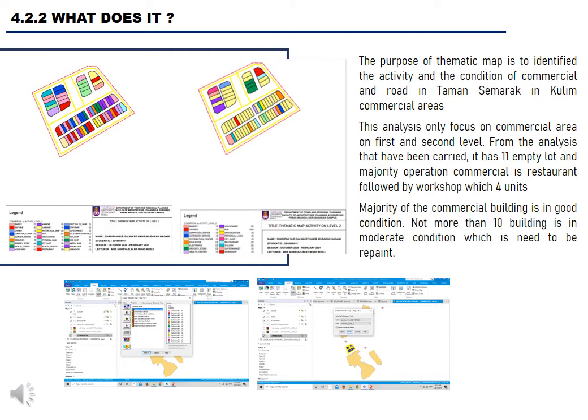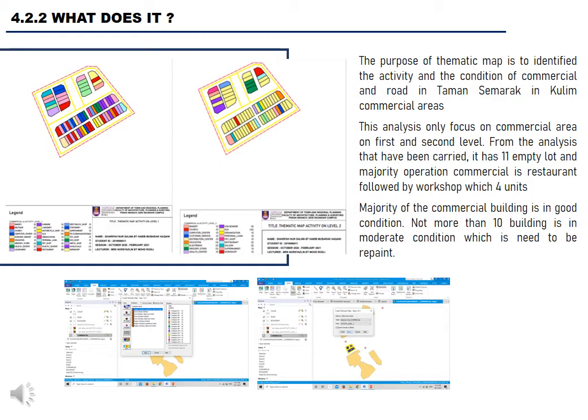For geospatial analysis, it is divided into 3 sections: the first one is what is it, the second is where is it located, and lastly, why does it happen. For what is it, the purpose of the thematic map is to identify the activity and the condition of commercial and road in Taman Semarak.